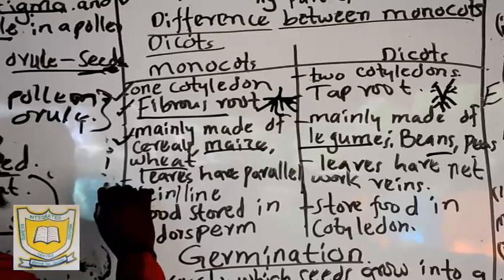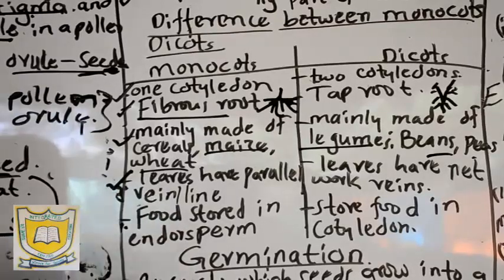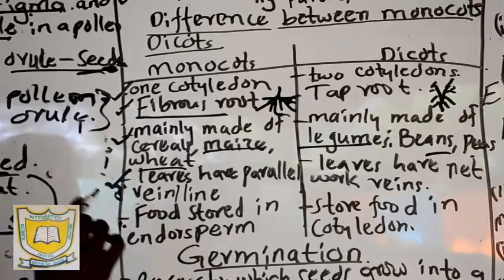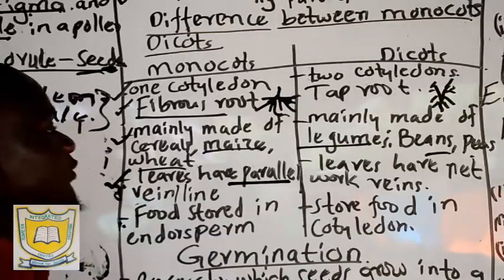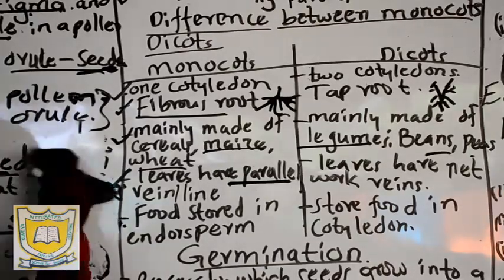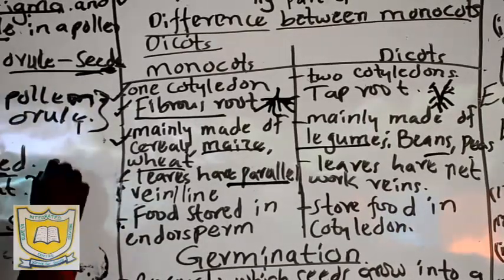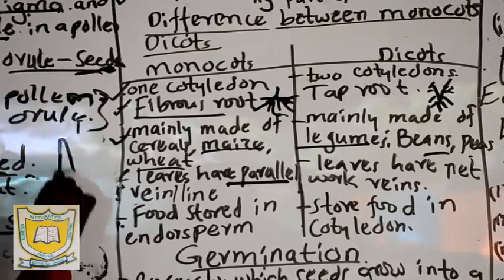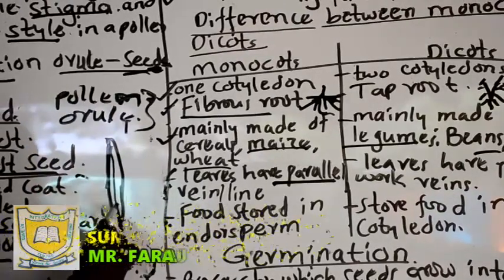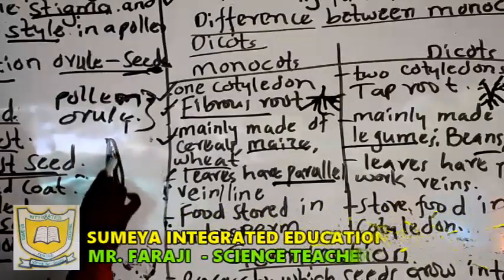Then when you move to the fourth difference, the leaves of these monocot plants are parallel. They have parallel venation. This is how parallel venation occurs. Now you have a maize plant, that's the leaf of the maize plant. Parallel venation, we say those venations are straight from the base moving upward.